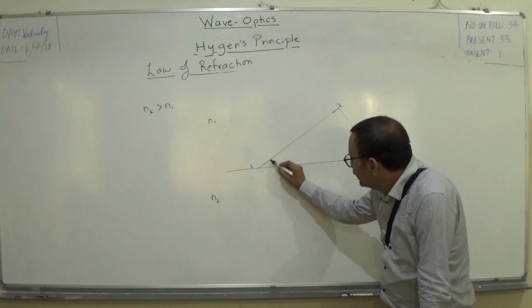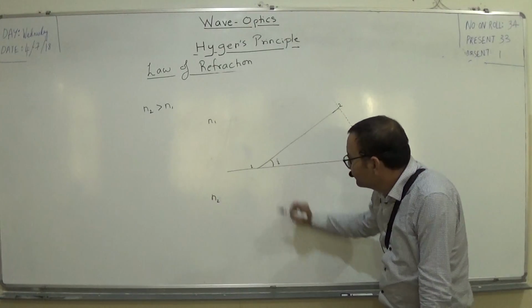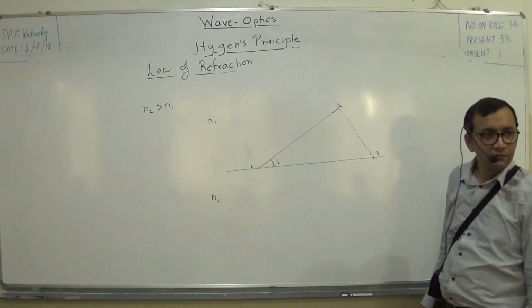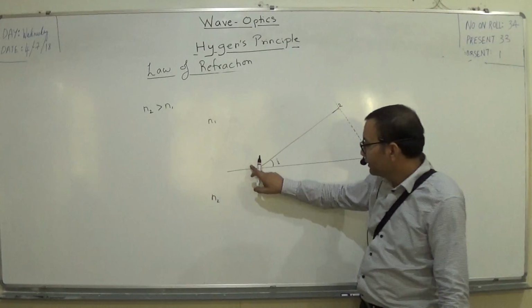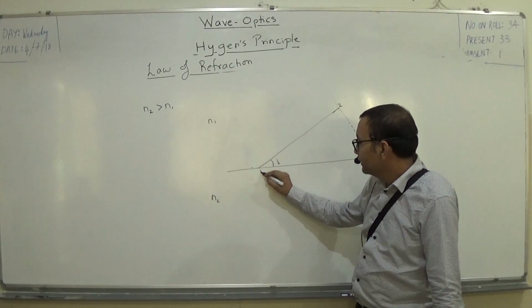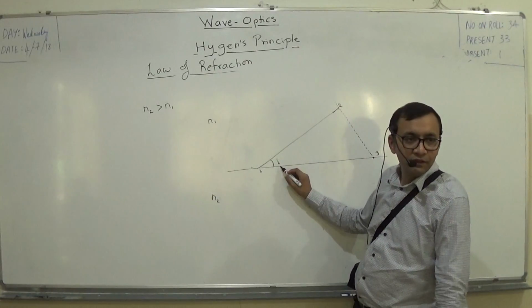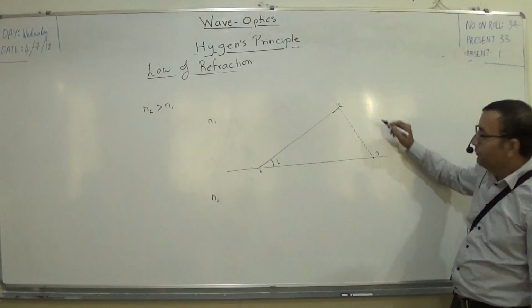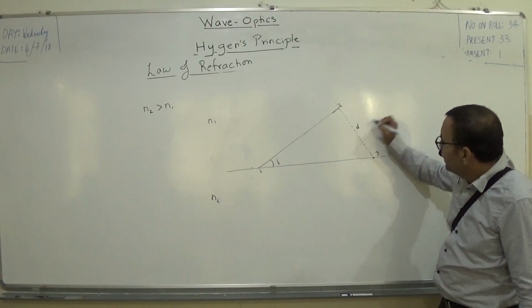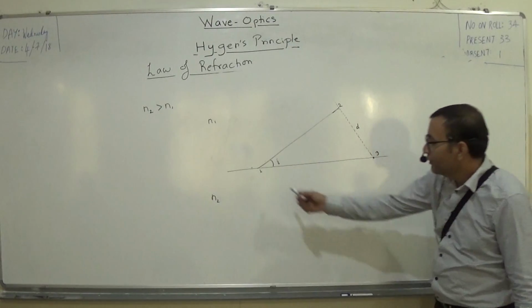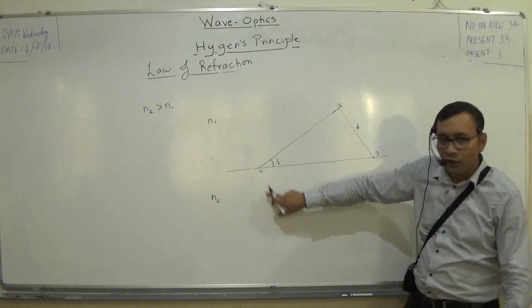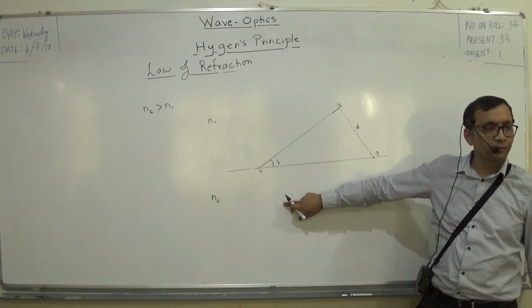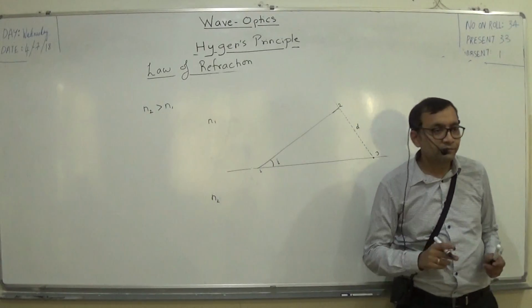Okay? Can I say this is the incident angle I? Same thing. You can check similarly that this angle is the angle of incidence. Now by the time 2 reaches 3, suppose this is a distance d, where will 1 reach? It will go down, right? It will not reflect now. So where will it be?